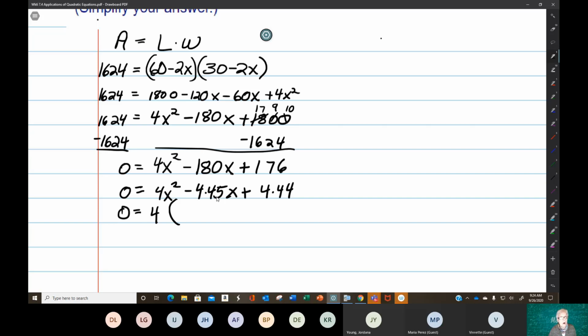Now, I could have been wrong. I just guessed and I was right. Ideally, it would be really nice to get rid of that 4 because then my factoring would be so much easier. I don't like the AC method any more than anybody else. Gotcha. Okay, good.